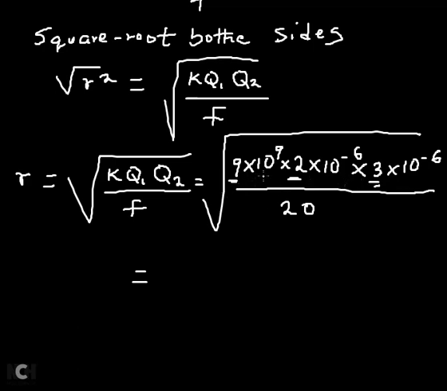I multiply them separately: 9 times 2 is 18, and 18 times 3 gives me 54. Don't forget the square root sign.